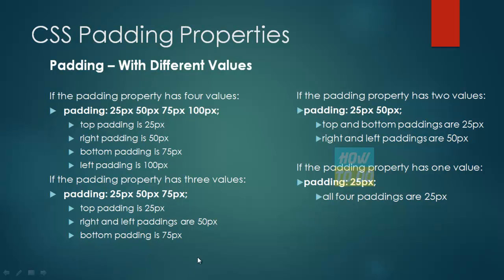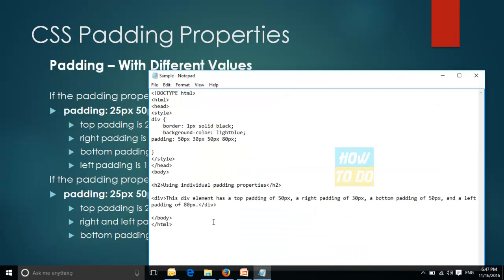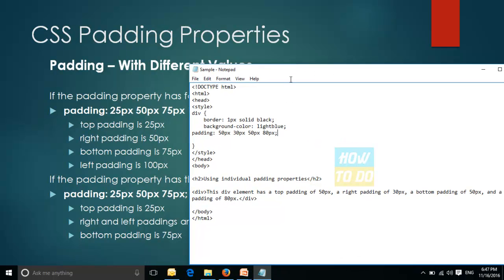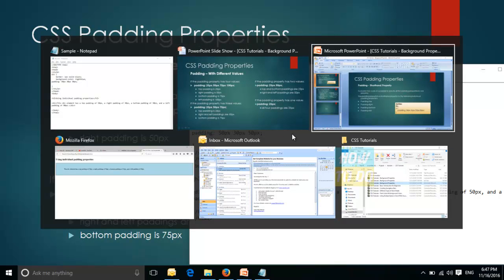Now let's see in our real-time example how this is going to work. Here we have given 3 properties. If you are giving 4 properties, they mean top, right, bottom and left. And if you are only giving 3 properties, now let's see what the output will be.